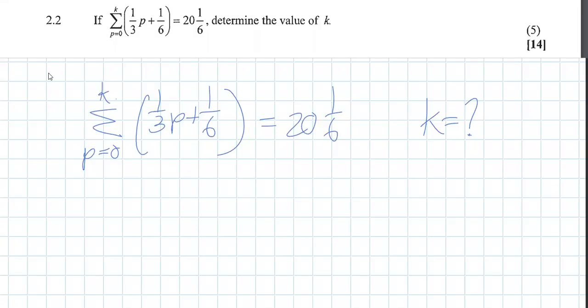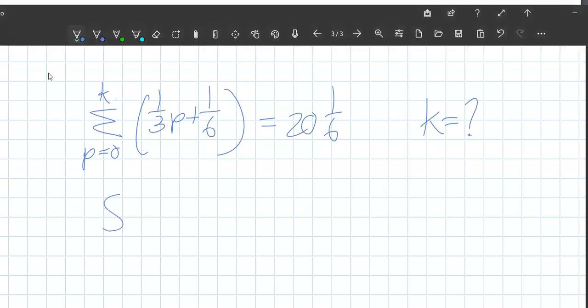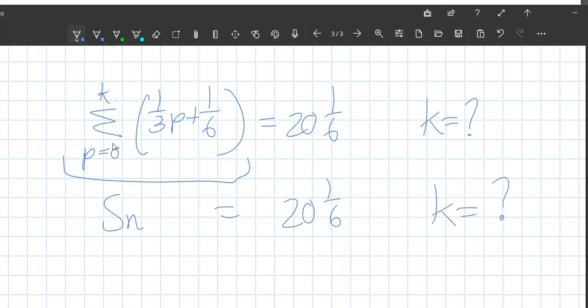Number 2.2, the sigma sign shows us that we're doing the sum to n. So they're saying if the sum to n is equal to 20 and 1/6, what is our k?